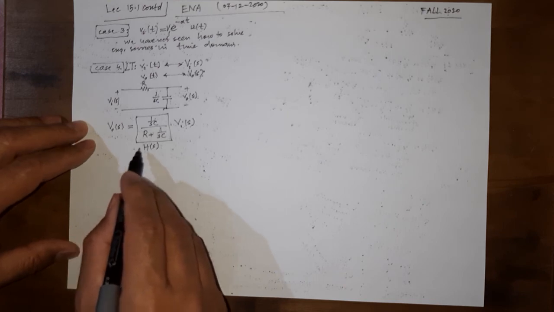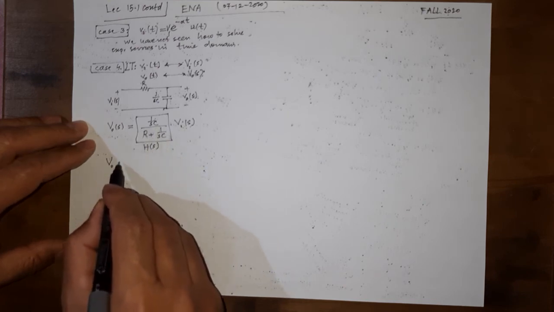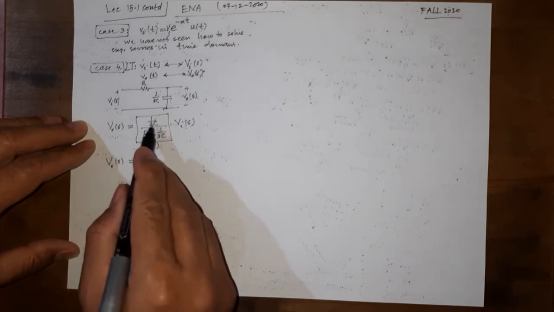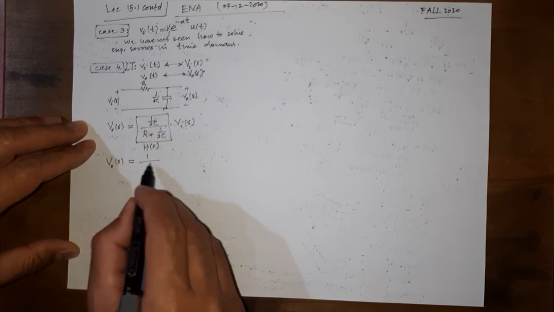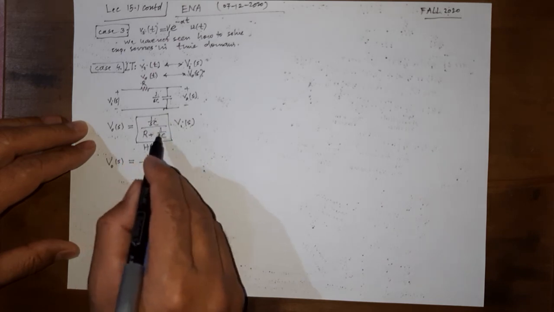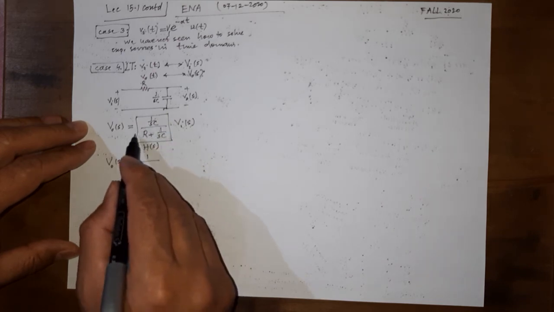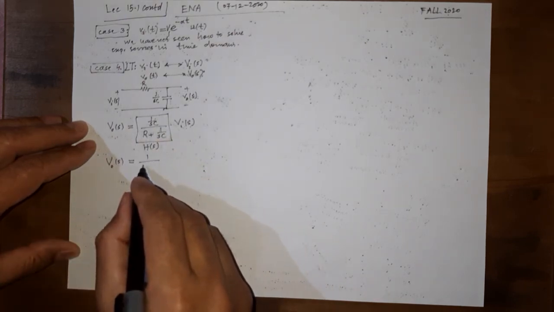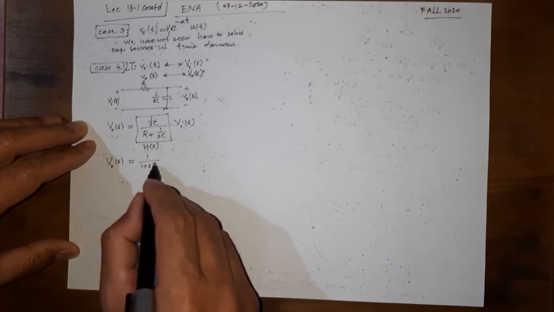So let us try to simplify this. We can write this as V naught of S is equal to, if we bring this S down and multiply it throughout and take 1 over R common, we are going to get something like Vi over 1 plus SRC.